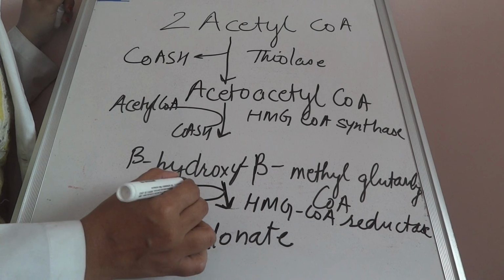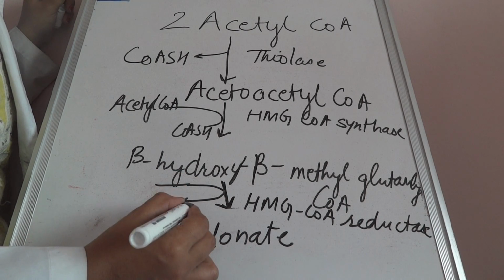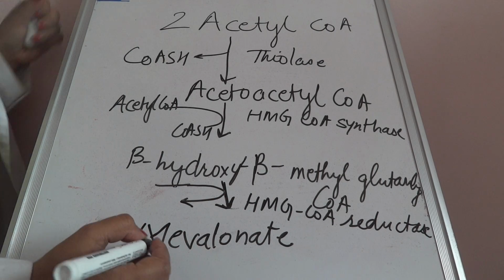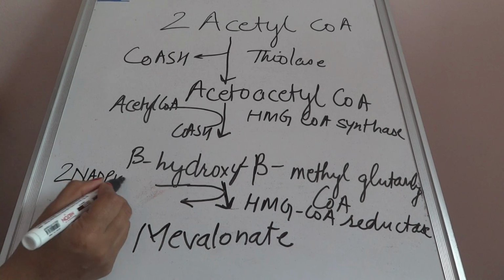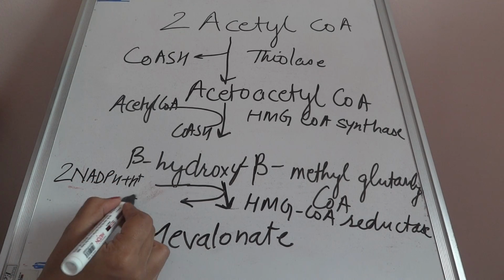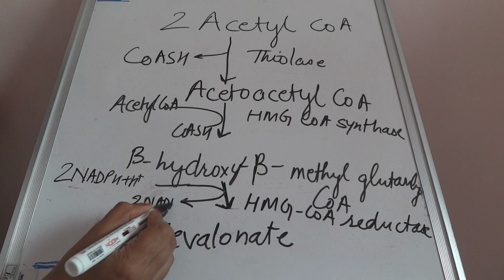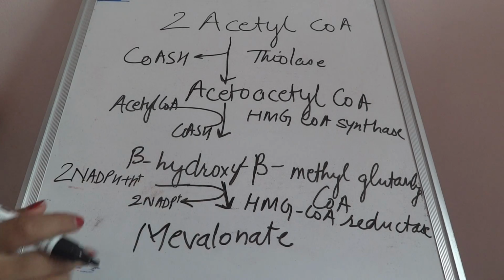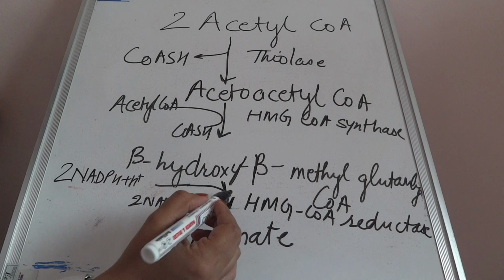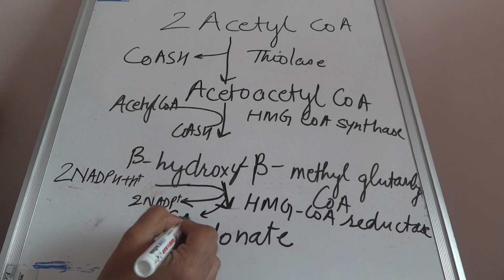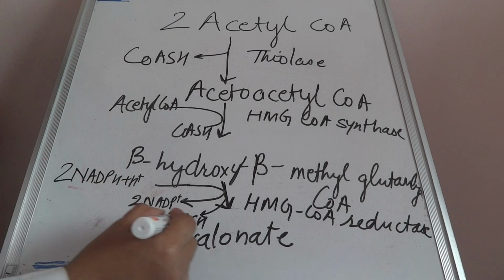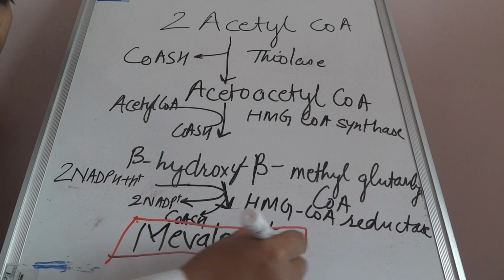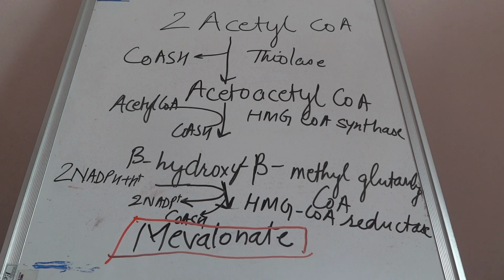This reaction uses energy: 2 NADPH plus H plus to form 2 NADP plus, and since the mevalonate doesn't require any coenzyme A, CoASH is also removed. So we wanted to form mevalonate first, and we have formed mevalonate through only acetyl coenzyme A.